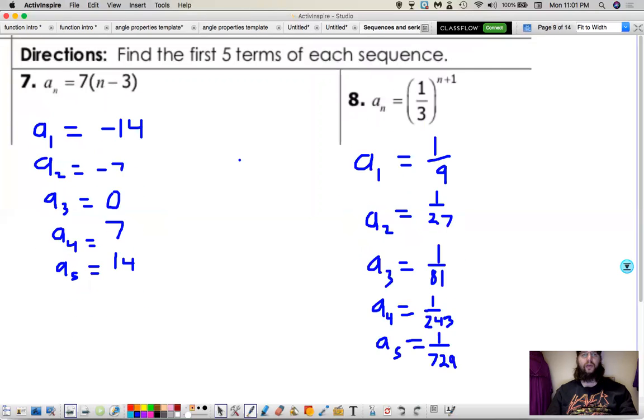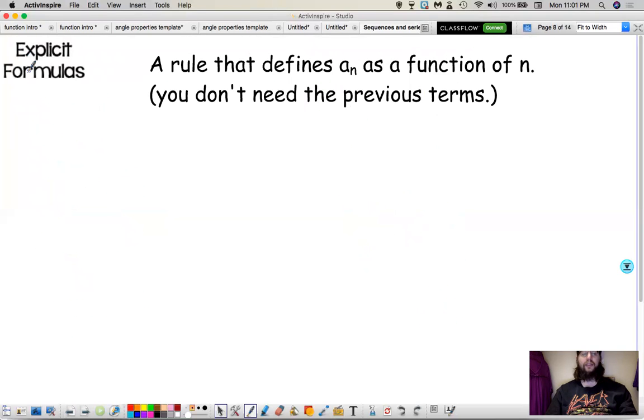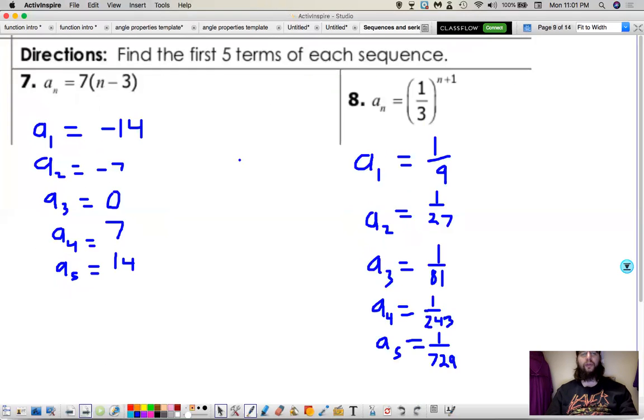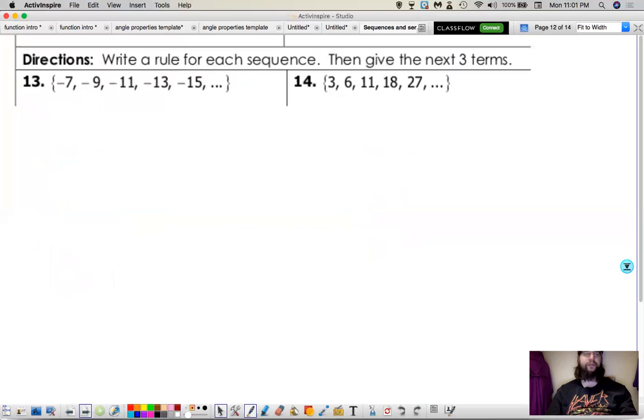So now we're going to write an explicit rule, okay? So we want to define a sub n as a function of n. We don't want a recursive formula, we want an explicit formula here. To do that, the first thing I try and figure out is how do I get from one to the other? Am I having factors? Am I having difference?